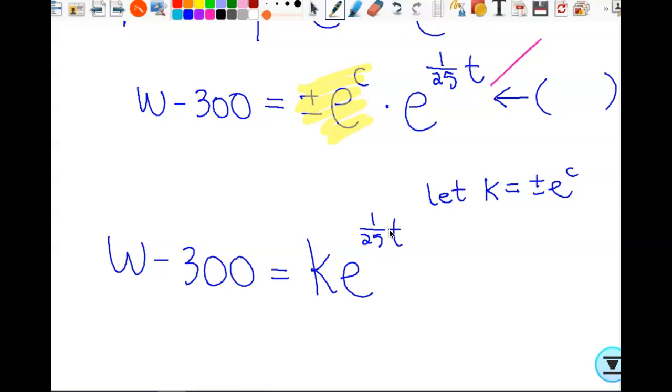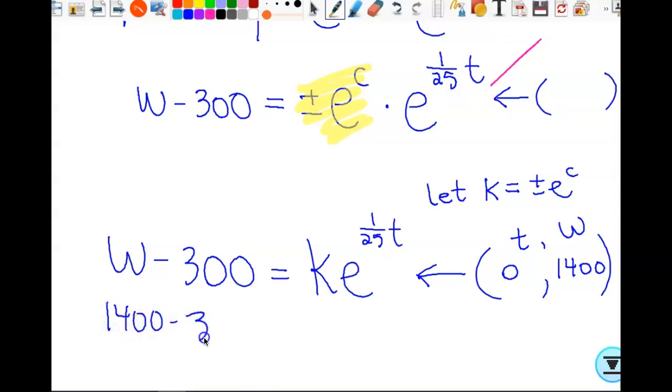Okay, so now in this case, I'm just solving for k. So what's our initial condition? 0, 1400, that is t, comma, w. So 1400 minus 300 equals k times e to the 0.